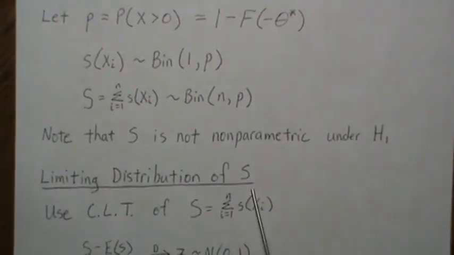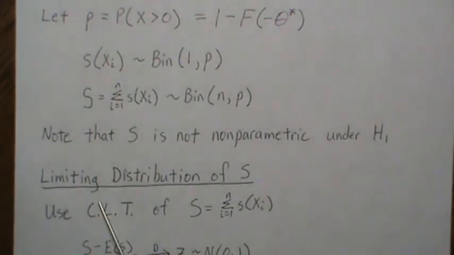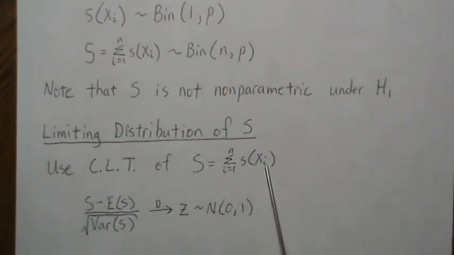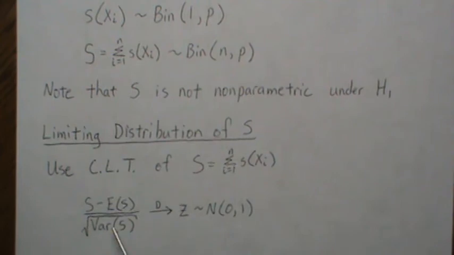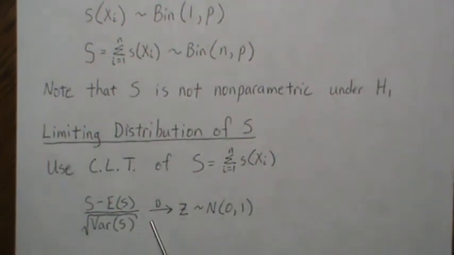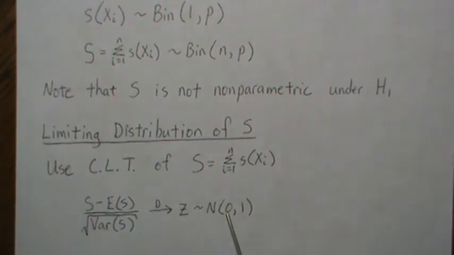So the limiting distribution of S, remember, we're counting things greater than 0, and this is our test statistic, so we're adding up IID random variables. So the central limit theorem says if we take S minus its expected value divided by its standard deviation, that limits in distribution to a Z, which is a standard normal.